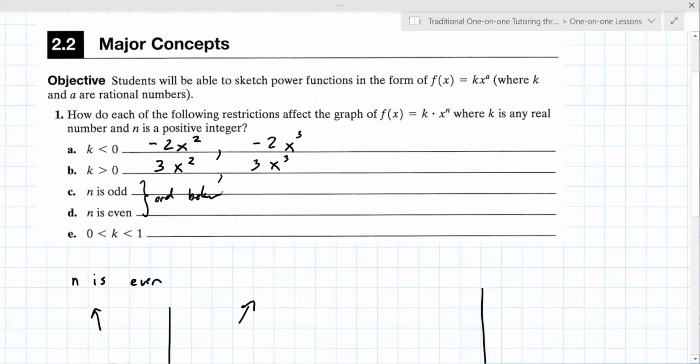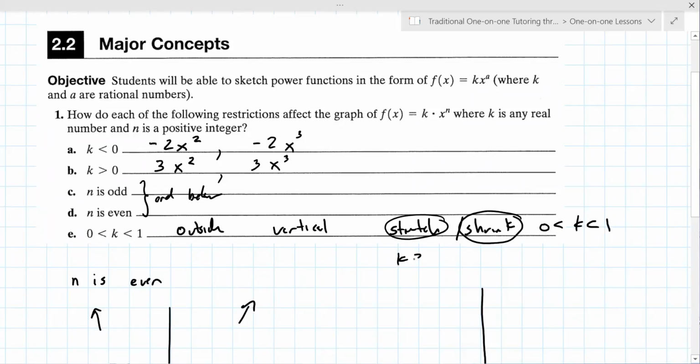Got it. When k is from 0 to 1, this is a vertical, either a stretch or a shrink, because it's on the outside. It's a shrink for 0 less than k less than 1, and it's a stretch if k is greater than 1.